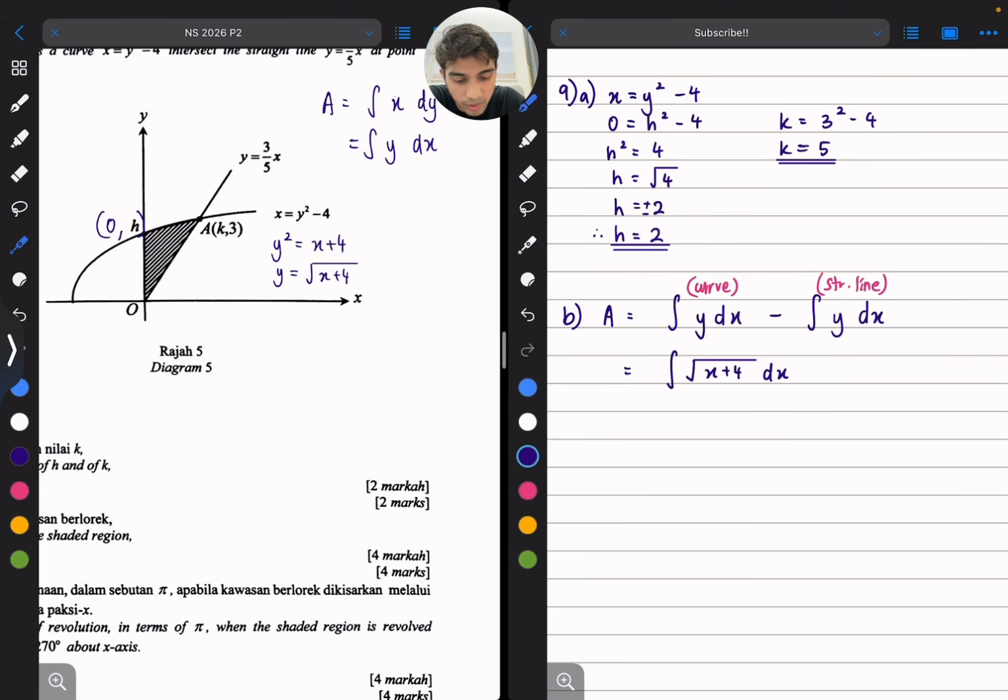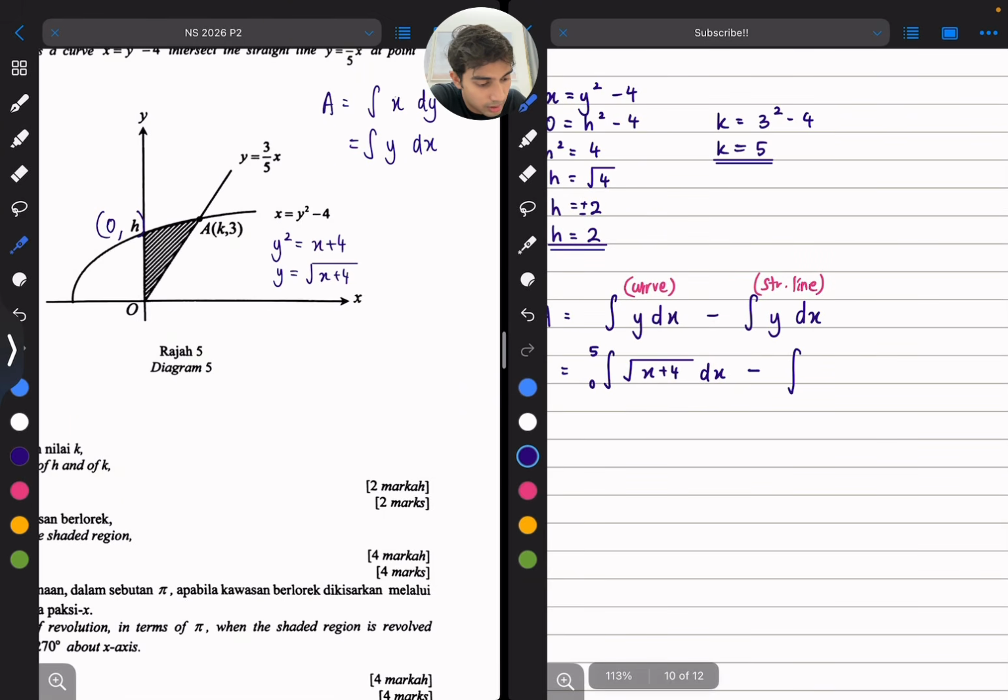And our limits will be from here to here. So here x is 0, here x is 5, which is k. Just now we found k is 5. So from 0 to 5, minus the straight line, which will be this equation. y is already the subject, so we can say 3 over 5 x from 0 to 5 as well.